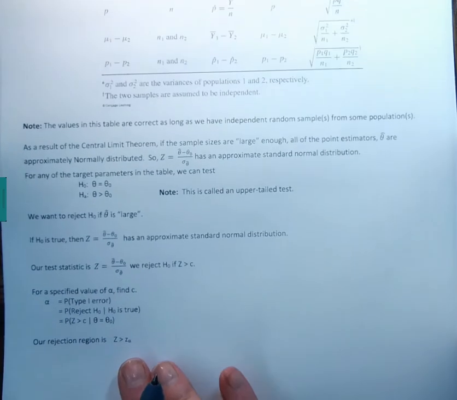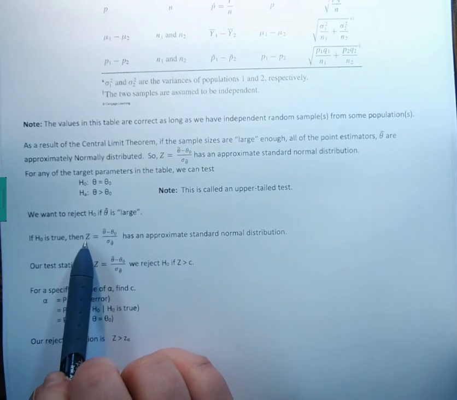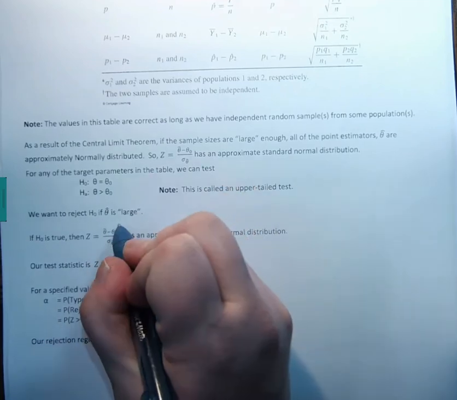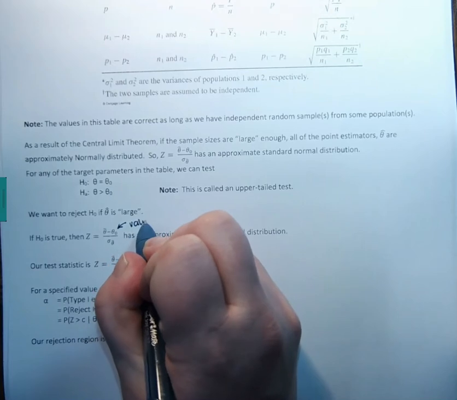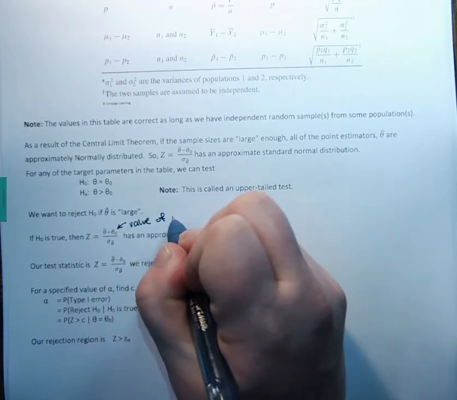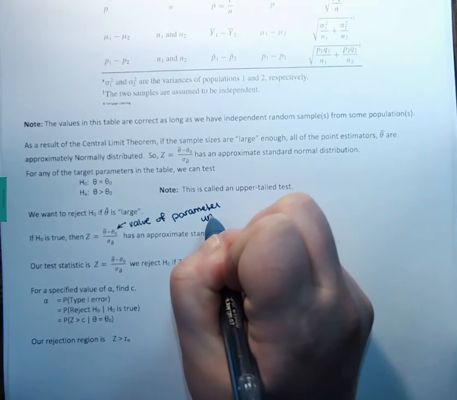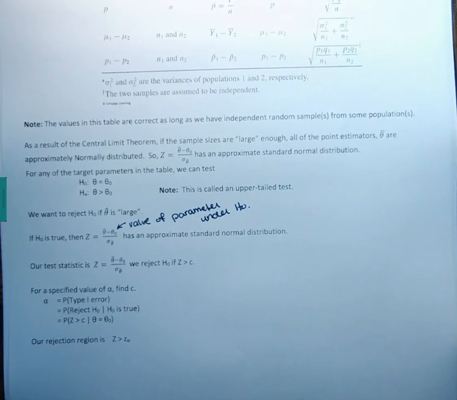Notice, assuming that the null hypothesis is true, we're going to standardize our estimator based on the value of the parameter under the null hypothesis. Because recall, for a hypothesis test, we always assume that the null hypothesis is true.